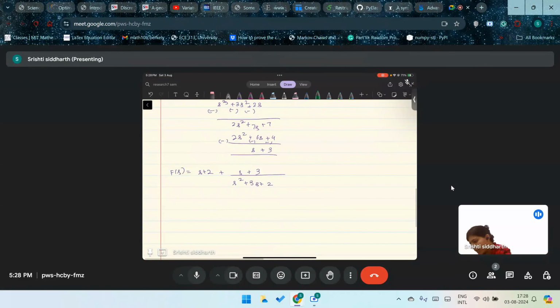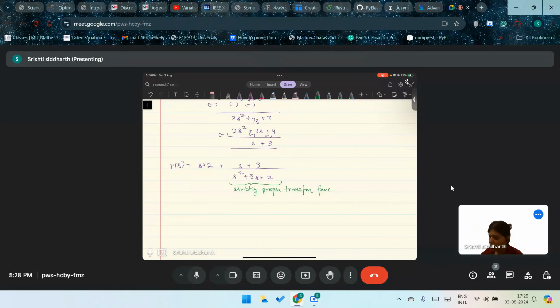So you can observe that this part is a strictly proper rational function, or a transfer function. And you have decomposed the transfer function into two parts, and the second part is now strictly proper.